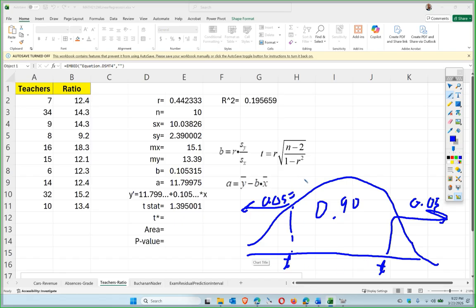This is alpha divided by 2, right? Right? Or t critical, or t alpha divided by 2, however you want to call it, correct? So from here to here is 95, isn't it? Right? To get that value. So the question is, is r t here, or is r t here? Which one is it? So if it's here, not enough evidence. If it's here, we have enough evidence, right?